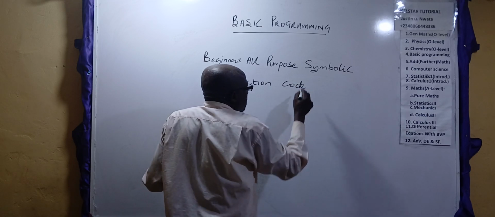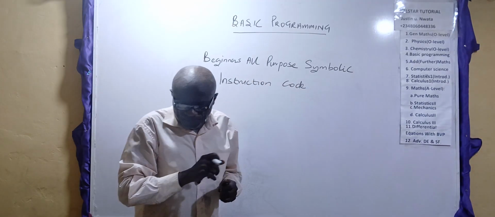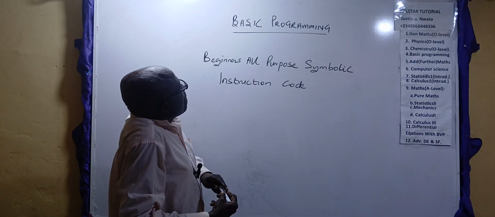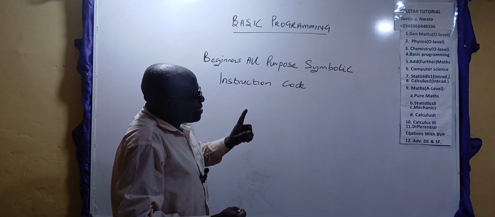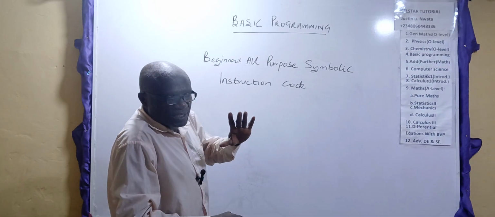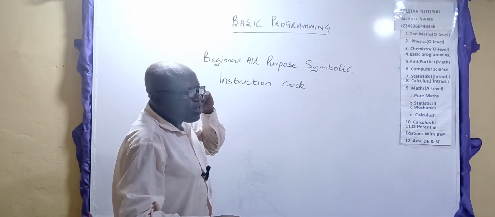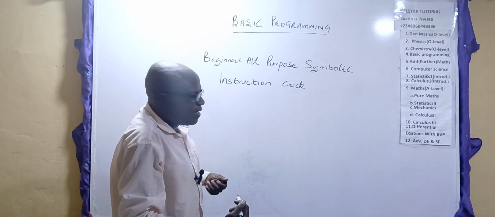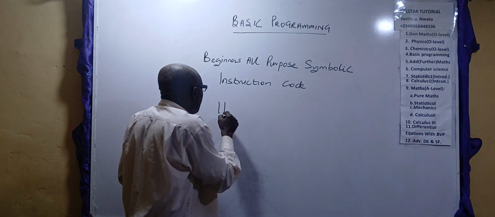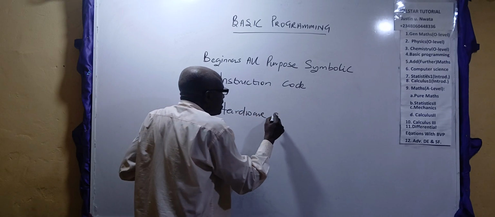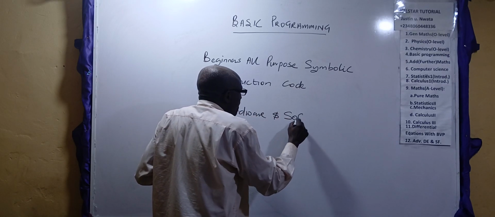Good. Now we have to explain. Computer science has its terminologies, and one of the commonest terminologies we see in computer science is hardware and software.